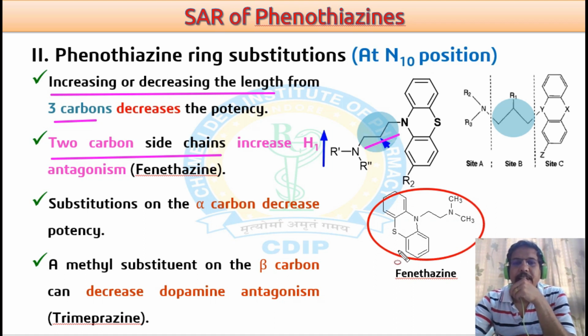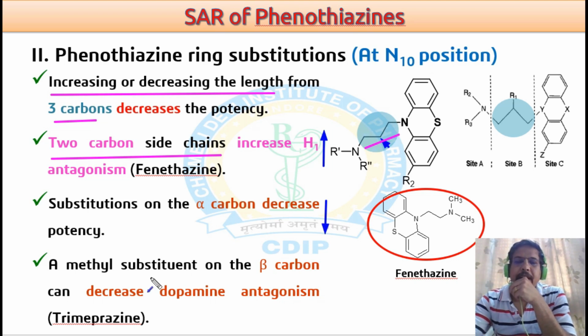And if you look for the substitutions on the alpha carbon, means the carbon which is next to the N10 nitrogen, they decrease the activity. Means if you replace one of the hydrogens of this methylene group by substitutions like methyl, then activity decreases.